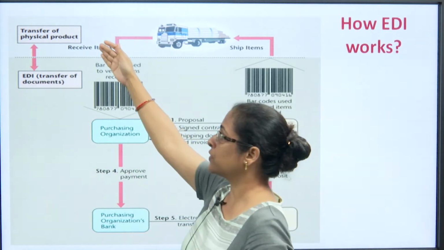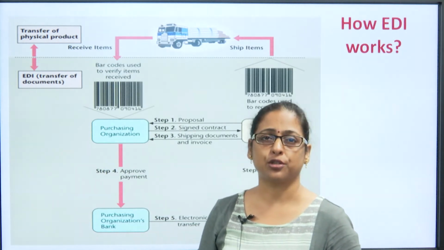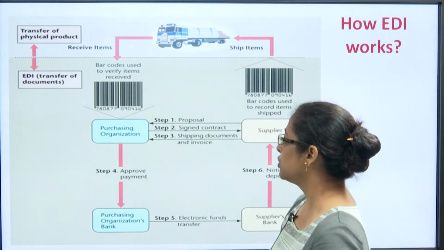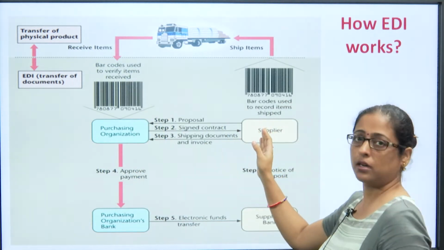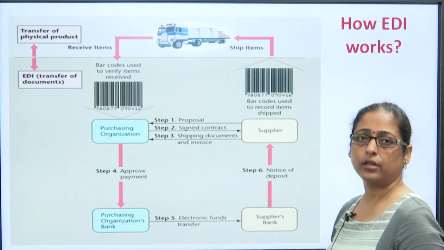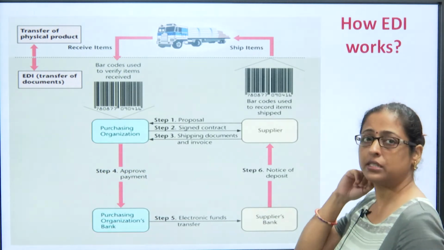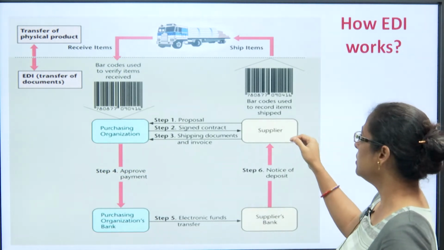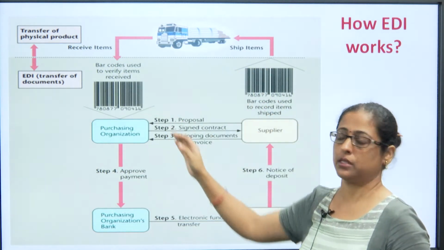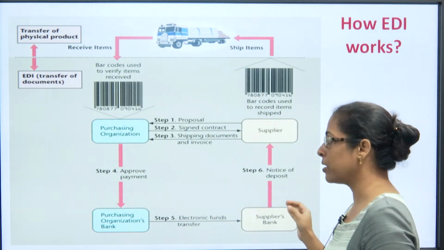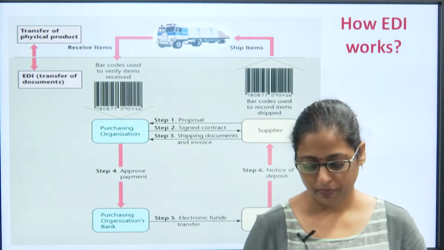The transfer of physical products happens only after the EDI, or the transaction of documents, has happened. So, once the purchasing organization has generated a barcode, they send these barcodes and the documents to the supplier. The supplier again generates certain barcodes, certain information, which is shared with the transporter, and the shipment takes place. And even in the case of payment, this happens once the information is received.